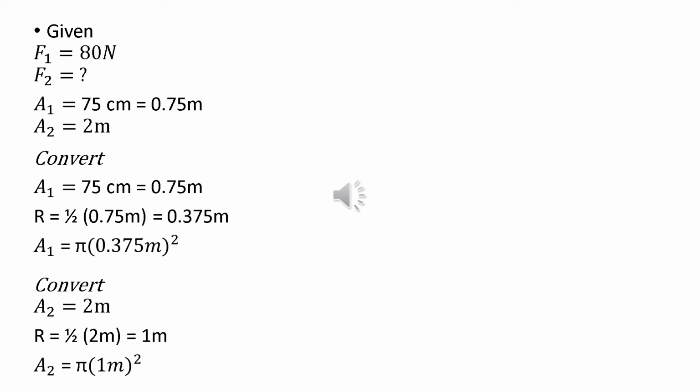Then, area 1 equals pi multiplied by 0.375 meters squared. So, that is our area 1. Now, for area 2, the diameter is 2 meters, and when we convert it into radius, it becomes 1 meter. Now, area 2 equals pi multiplied by 1 meter squared.